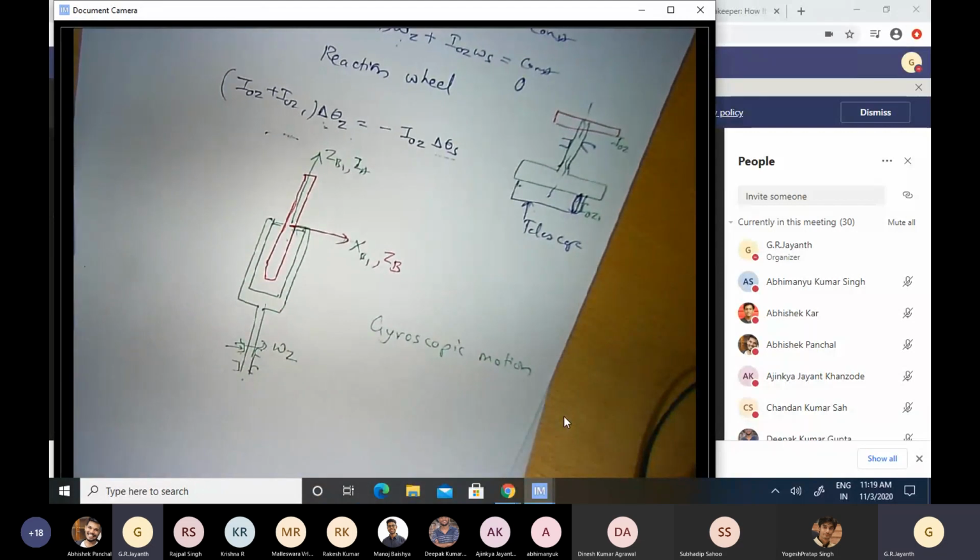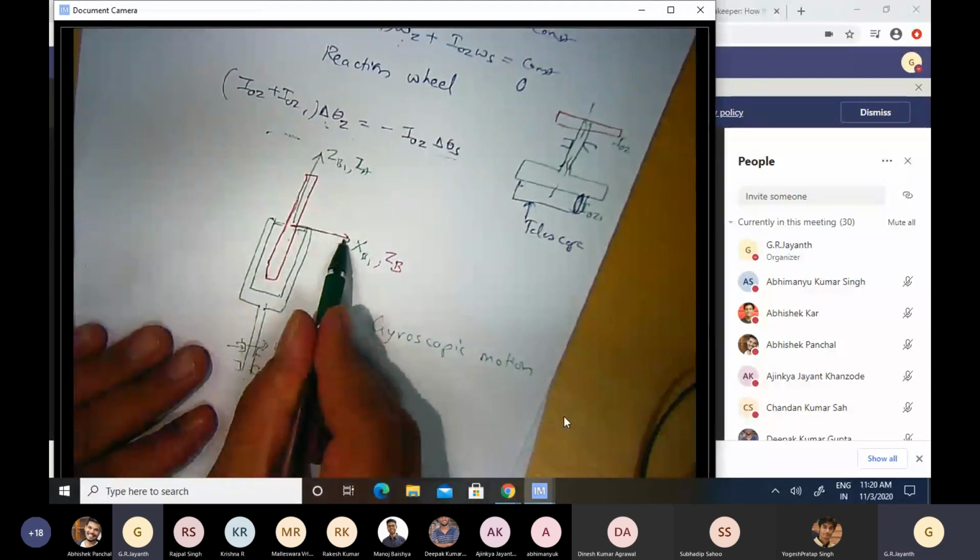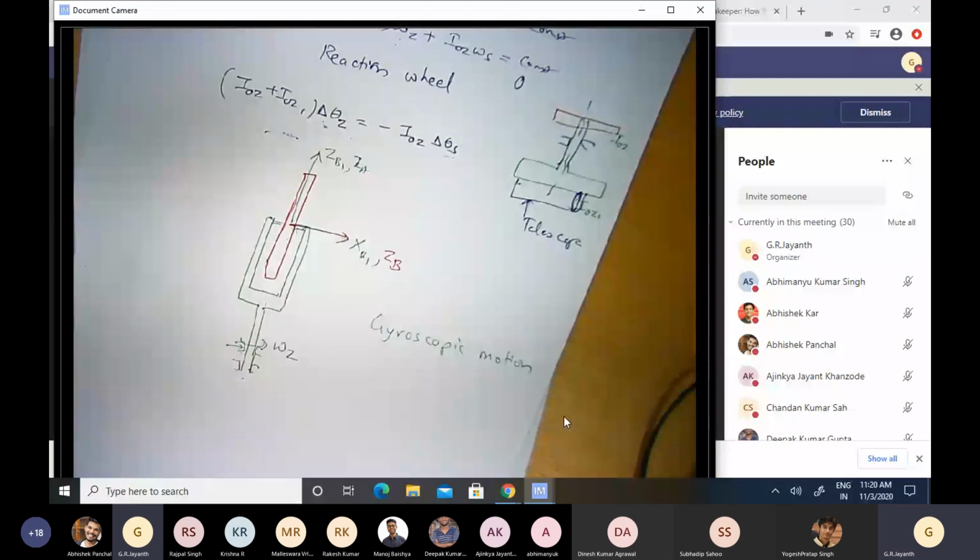Okay, so this phenomenon of the torque being aligned along the y-axis when the shaft is rotating about the z-axis and the spin axis is along the x-axis, this is one of the most counterintuitive phenomena associated with rotating rigid bodies.